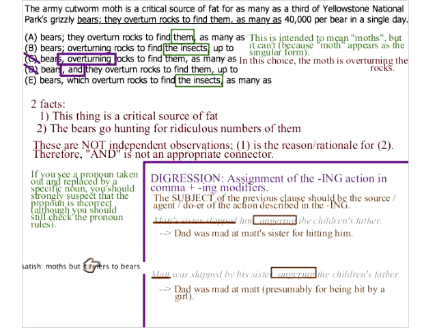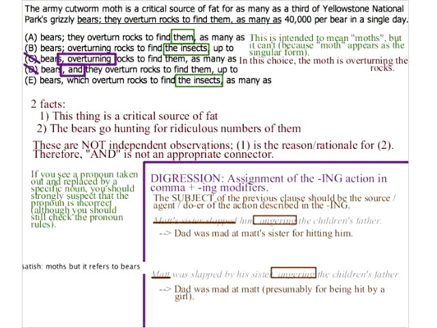When you think about a pronoun, just say, what should it stand for? And can it stand for that? So what should this stand for? It's supposed to be moths. Moth is not plural, so you're done. There's no reason to look at bears or rocks, or any other plural noun, because the noun that you want is not there.